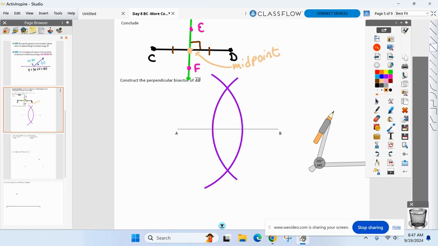Now, when we found the midpoint, I didn't have you draw the line in. I just said line up your straight edge and mark it on your segment. Now I want you to draw it in, because that line you're going to draw in is called a perpendicular bisector. Okay, so line up your straight edge.